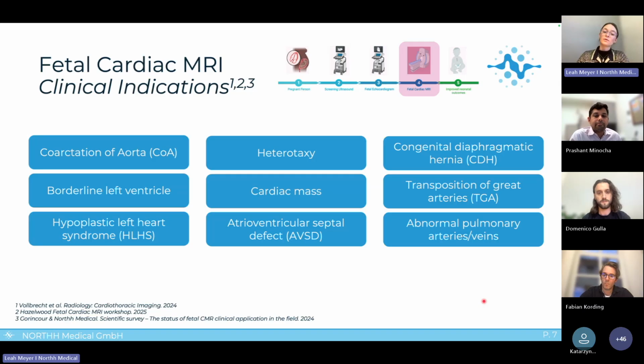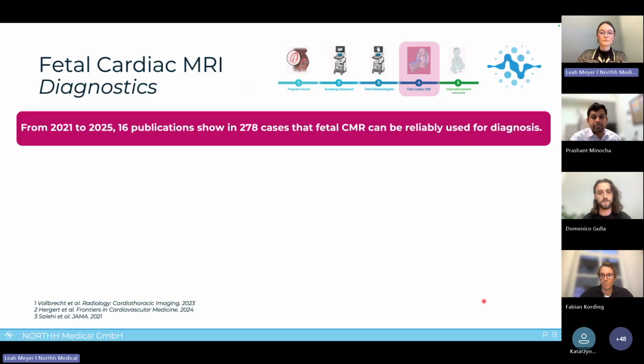The most common pathologies clinicians look for include evaluating the aortic isthmus, so coarctation of the aorta, prediction of uni- or biventricular outcome for borderline left ventricle, HLHS, heterotaxy, cardiac masses, AVSD, also congenital diaphragmatic hernia, TGA, and abnormal pulmonary arteries or veins.